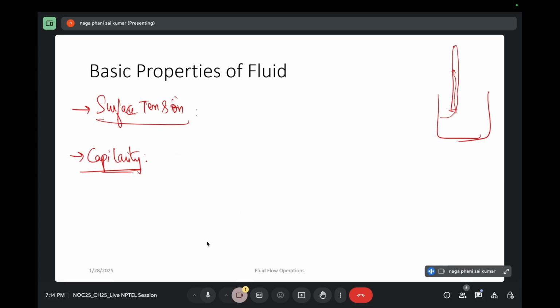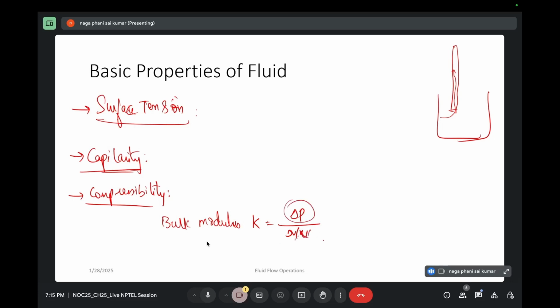Okay, then we also have compressibility. We'll be measuring that in terms of bulk modulus. Bulk modulus is K, which is nothing but del P by del V into V. So with a given pressure, how much volume is changing?